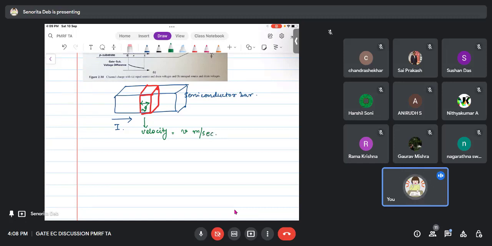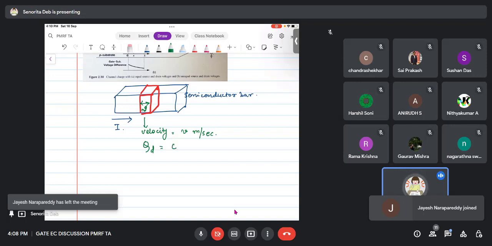So in 1 second, this v meters is the distance your charge carrier will move. I am using the word charge carrier, it can be electron or hole. Now the mobile charge density of the carriers that will move through these v meters, I call it qd. qd is charge per unit meter, so it is in coulomb per meter.